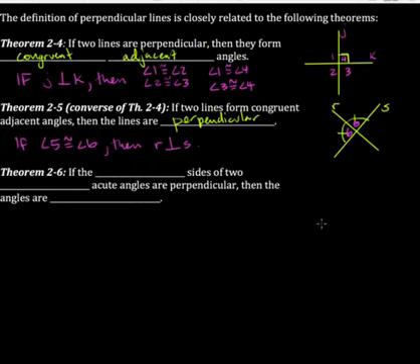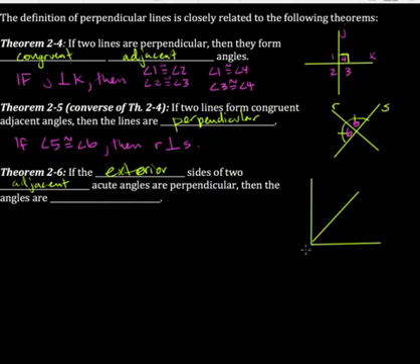And lastly, theorem 2-6, we don't use it quite as much, but it says that if the exterior sides of two adjacent acute angles are perpendicular. So let's just sketch that out. We have a couple adjacent acute angles, right? So I'll put some points on here.